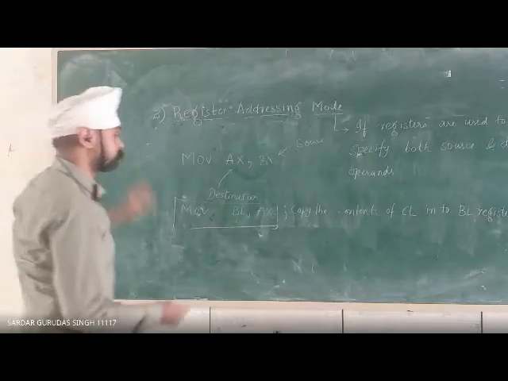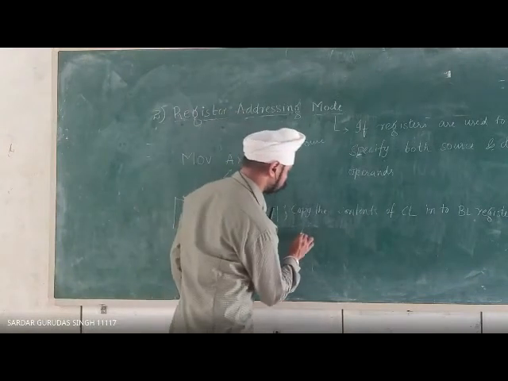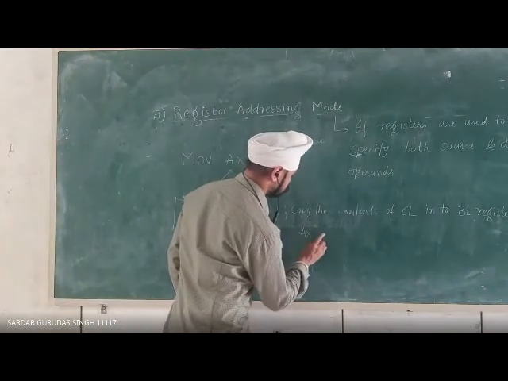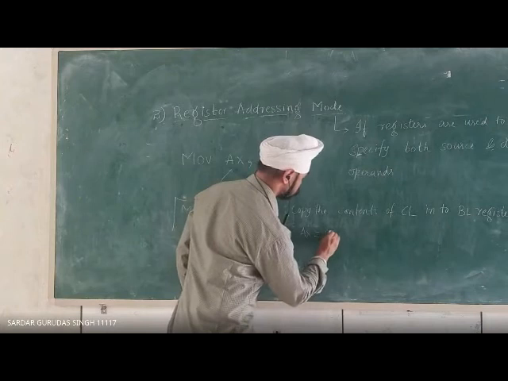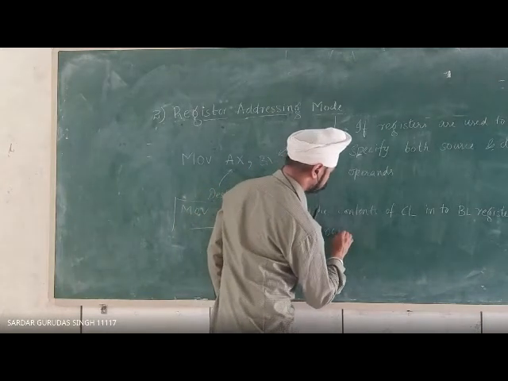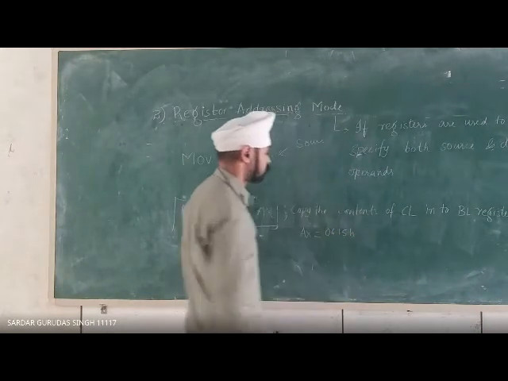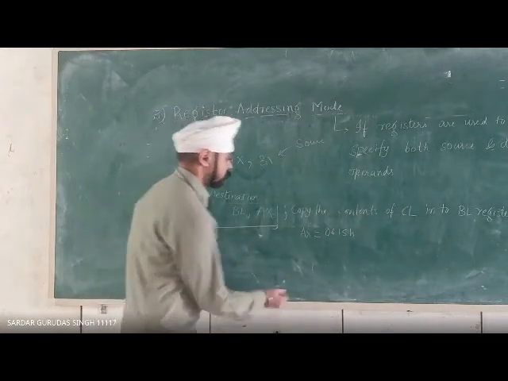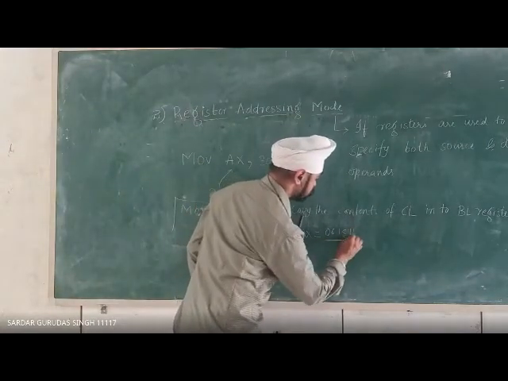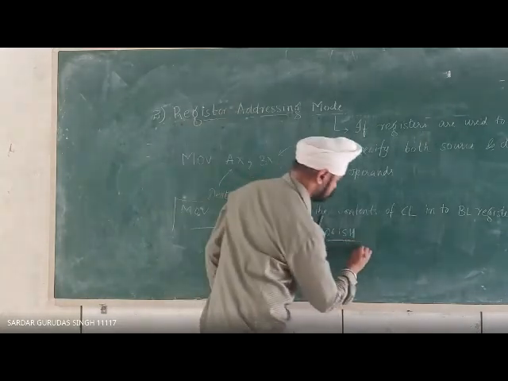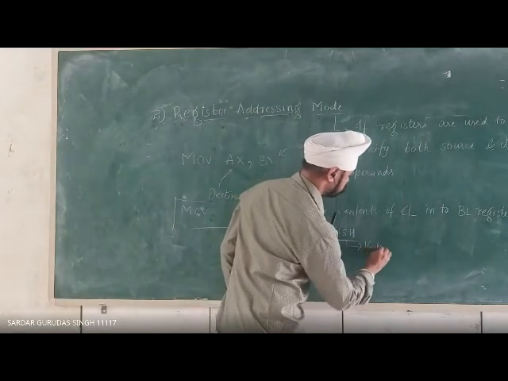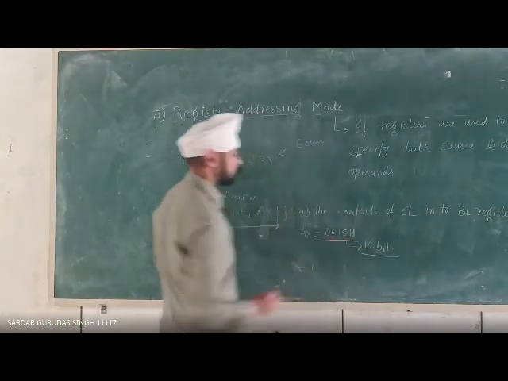Why? Because if suppose the content in AX is 0615H, how many bits is it? It is 16 bits.